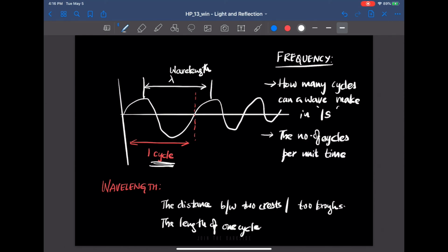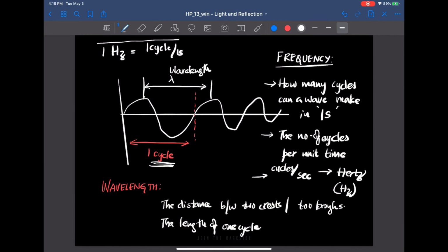This unit time is generally a second, so cycles per second is the common unit for measurement of frequency. To make it simpler, cycles per second is called hertz. It's named after the scientist and the symbol is Hz. So 1 hertz represents 1 cycle per 1 second. This is the idea behind 1 hertz.